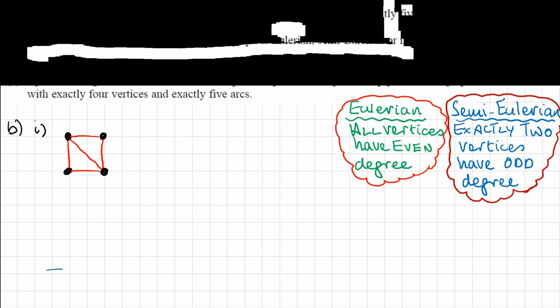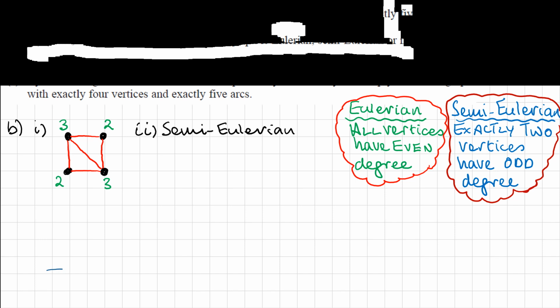We've got degree of 3 here, and then 2 is the other one at the top, and then 2 here, and then 3 here. So I can see that I've got exactly 2 vertices with odd degree, so this graph is semi-Eulerian.